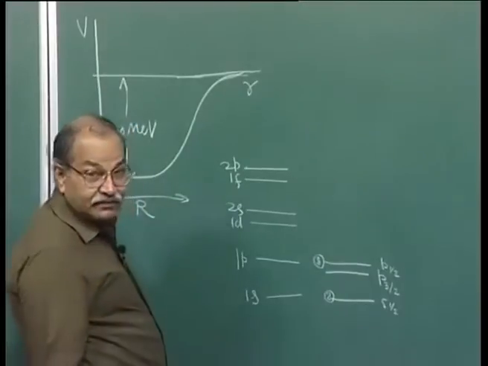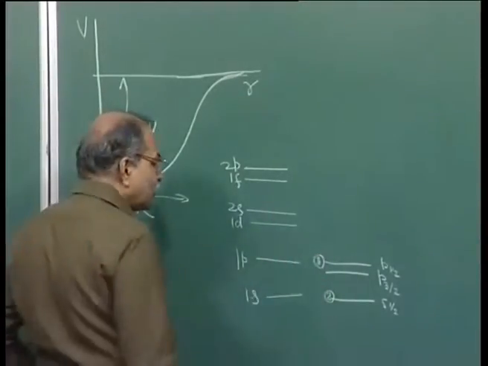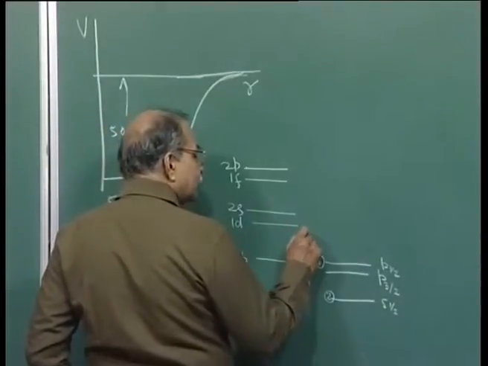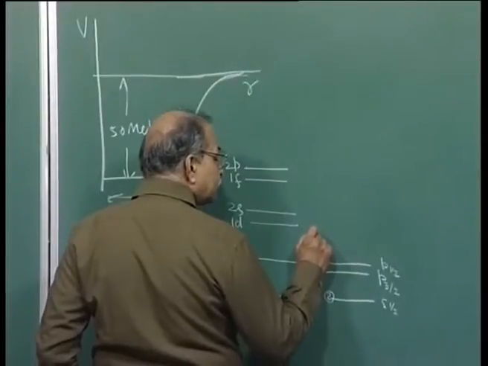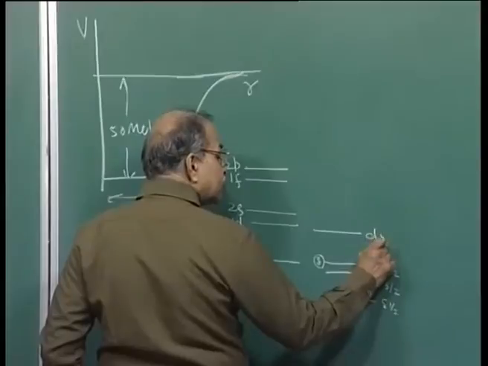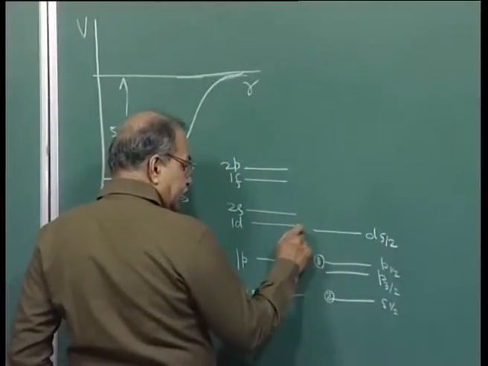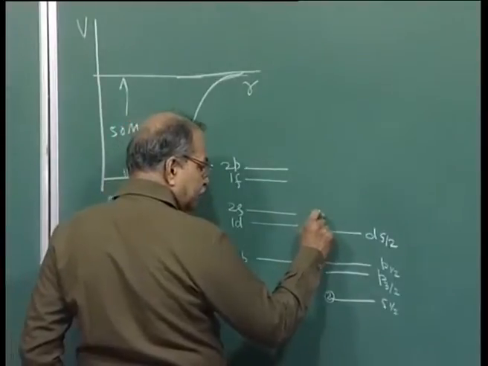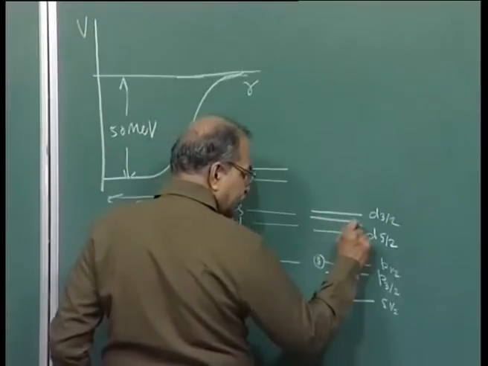Next closes at 20. 2 and 8, 10. So 10 more. With this D, what will happen? D 5 by 2 will come down, and then D 3 by 2 will go up, and this 2s will remain there.